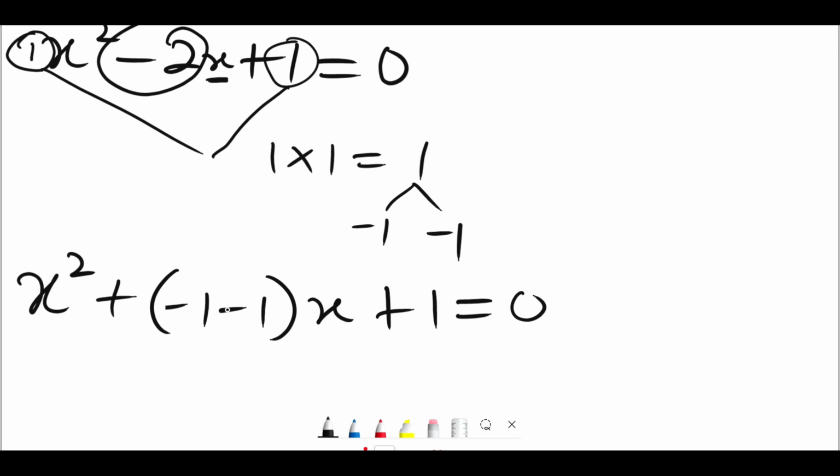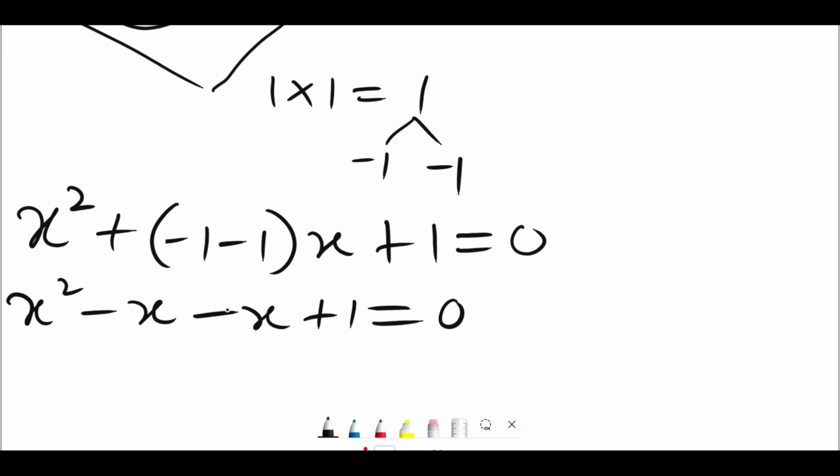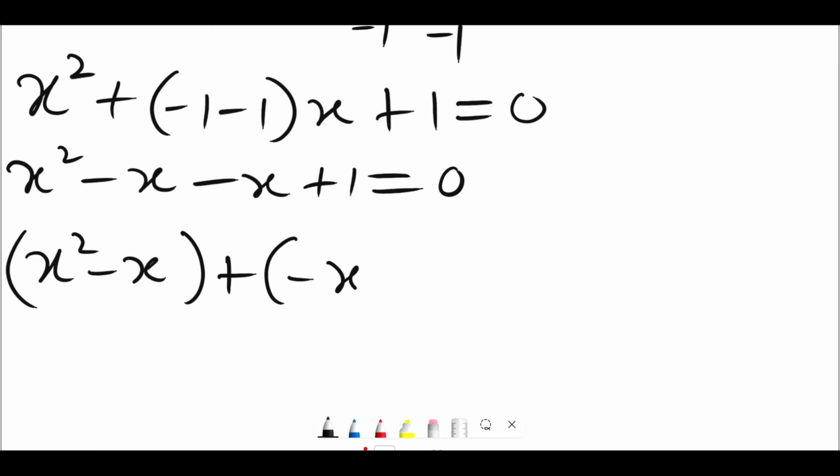Then we expand this bracket. We are going to get x squared minus x, then minus another x plus 1 equal to 0. We factorize by grouping, putting two terms in one group. So we have x squared minus x in one group, then negative x plus 1 in another group.